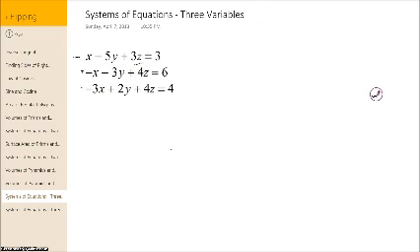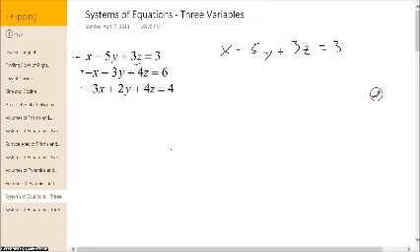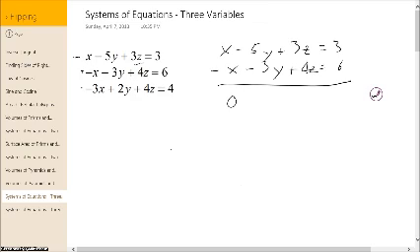So I've got my first equation. The first two I can just combine, right? x minus 5y plus 3z is going to equal 3. Then I've got negative x minus 3y plus 4z equals 6. Combine. Together these are 0.